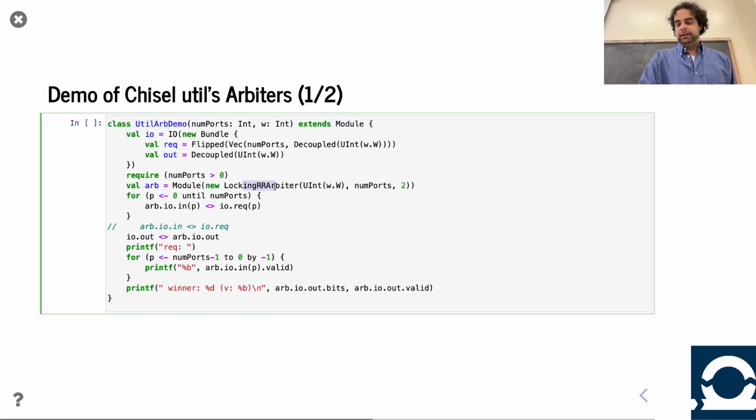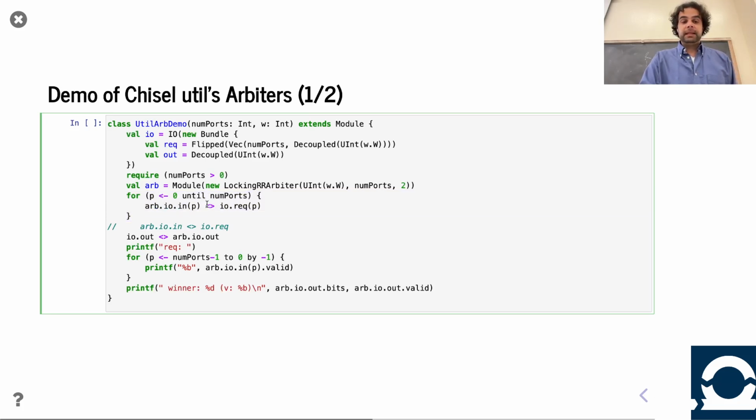Now, here's one thing we haven't seen yet in this course, but may become common. This arbiter has n input ports, so this module has n input ports. To connect all those up, we can use a for loop. Rather than hard-coding, that's why it's parameterized, I can have this n be anything, and it's going to do the connections.